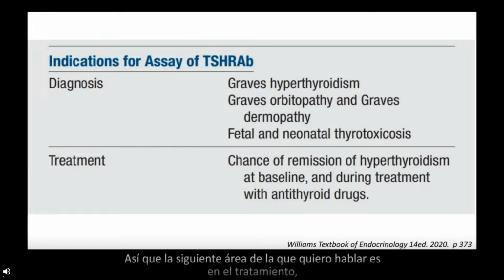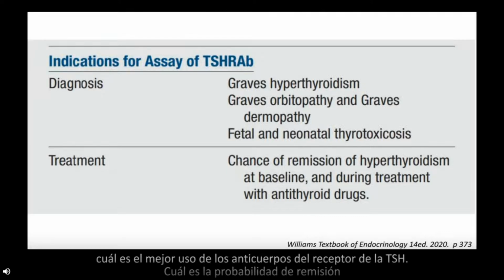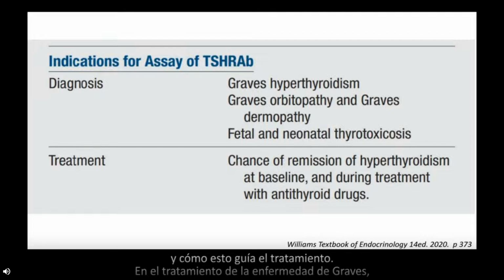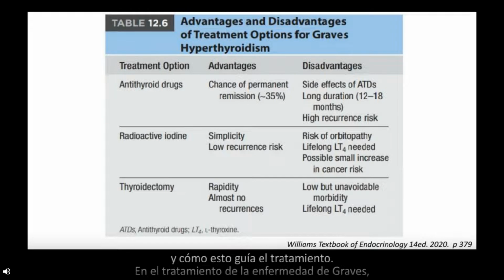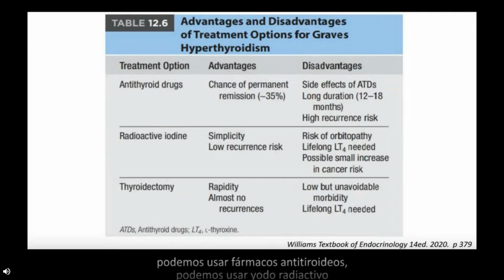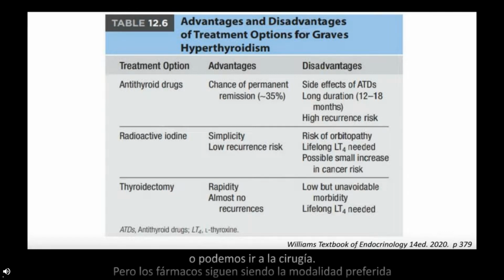Right. So the next area I want to talk about is in the treatment, which is the best use of the TSH receptor antibodies, which is what is the likelihood of remission and how does it guide the treatment. In treatment of Graves' disease, we can use antithyroid drugs, we can use radioactive iodine, or we can go for surgery, but the drugs remain the preferred modality, right?